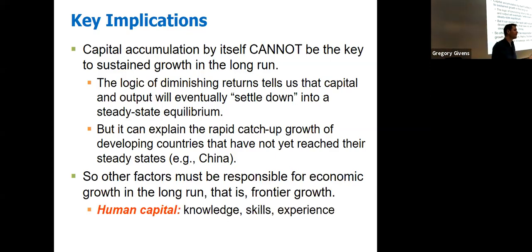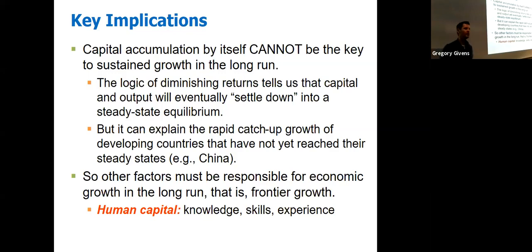Now, there are a couple of possible candidates for how we could explain this. One of them you might think is human capital, right? We've talked about physical capital in this model a lot, but what about human capital? That's the knowledge and skills and experience of the workforce.